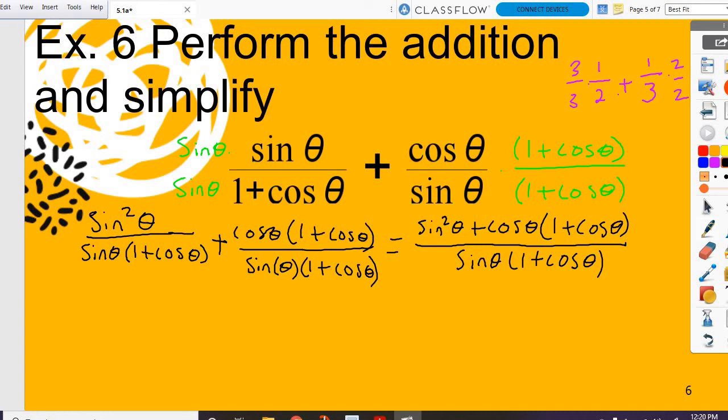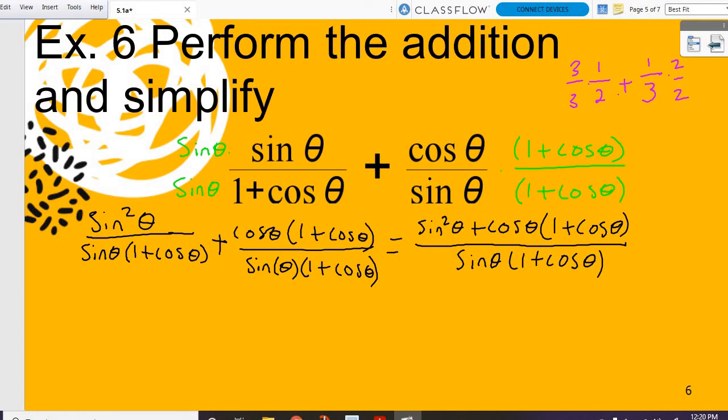Well, you could use the distributive property for the numerator, so cosine theta times 1 is cosine, and cosine times cosine is cosine squared. Yeah, so we want to distribute that cosine. I agree. The thing to be careful about is a lot of people will see the 1 plus cosine and the 1 plus cosine here, and they want to reduce those. But be careful because notice that we have an addition sign here.